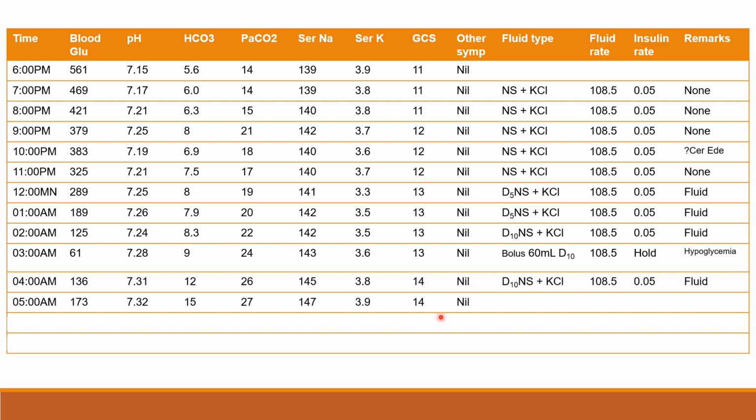And see, the RBS has increased to 173, so we have to change this 10% to 5%, rest everything has to be continued. But still see here, the pH 7.31, 7.32, that means the patient is not in DKA anymore, the acidosis has corrected. So as the acidosis has corrected, we have to start considering reducing the IV fluid and reducing the insulin, but insulin is already at the lowest possible dose, so we have to start reducing the IV fluid.